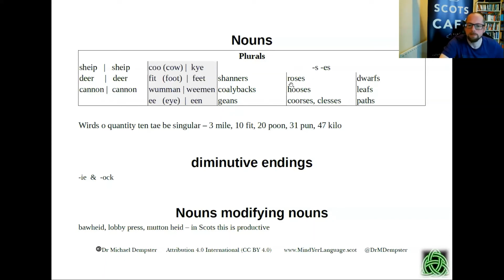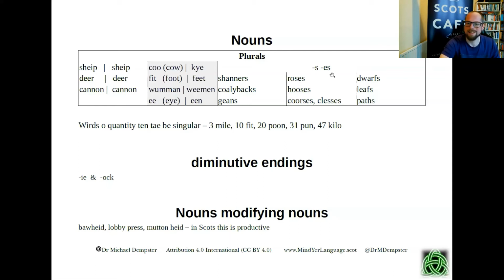If a word ends with an S, a Z, or a sh, it takes this ES form. So now we've got to a point where the written form is the same as in Standard English. That's ES. But the spoken form is different. So a rose, 3 roses in Scots.